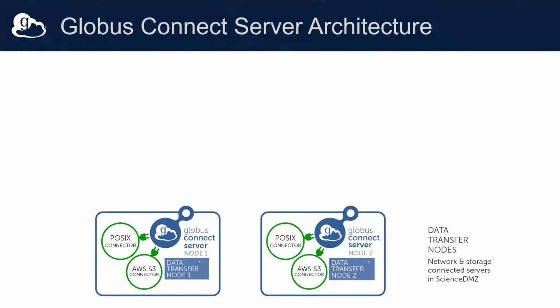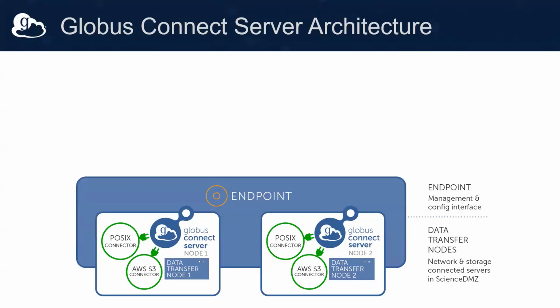Preferably in a Science DMZ, they have storage mounted and accessible on them, and they form a group of related data transfer nodes that form an endpoint. An endpoint is a management and configuration interface. So the Globus service generally doesn't talk to a specific node. It talks to the endpoint. And an endpoint can have one or more nodes. The more the merrier. You get better performance and resilience if you have multiple nodes. But just one is enough.